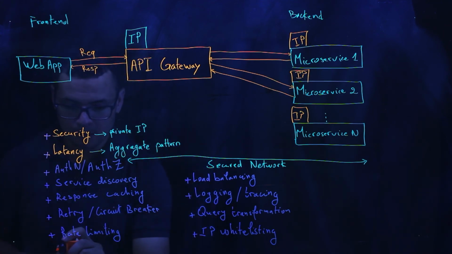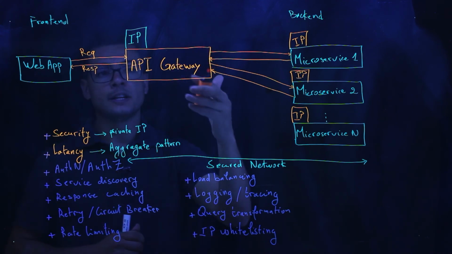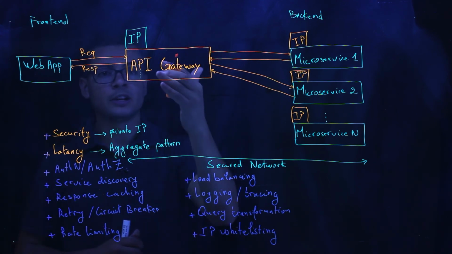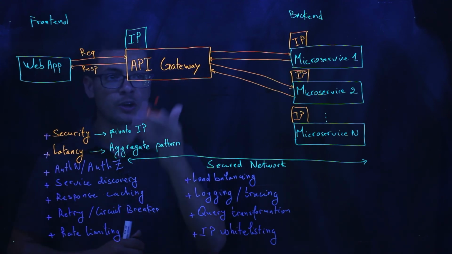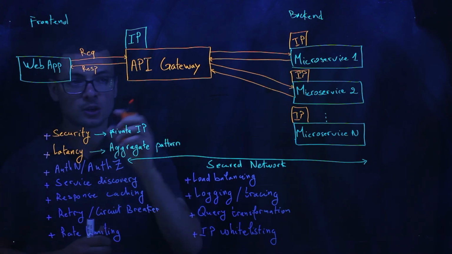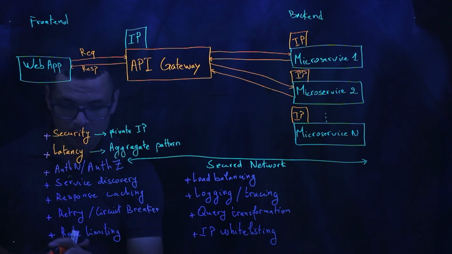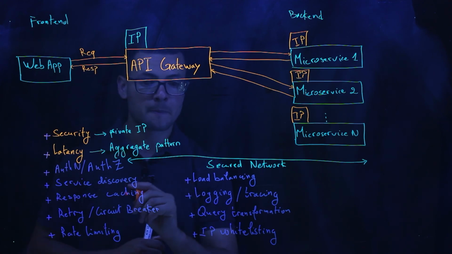That's an issue to be addressed through scaling the API gateway. We might have, for example, multiple instances of the API gateway. If one instance goes down, then the second and third instances will take the load instead of the first one. So this is worth mentioning: single point of failure for the API gateway.